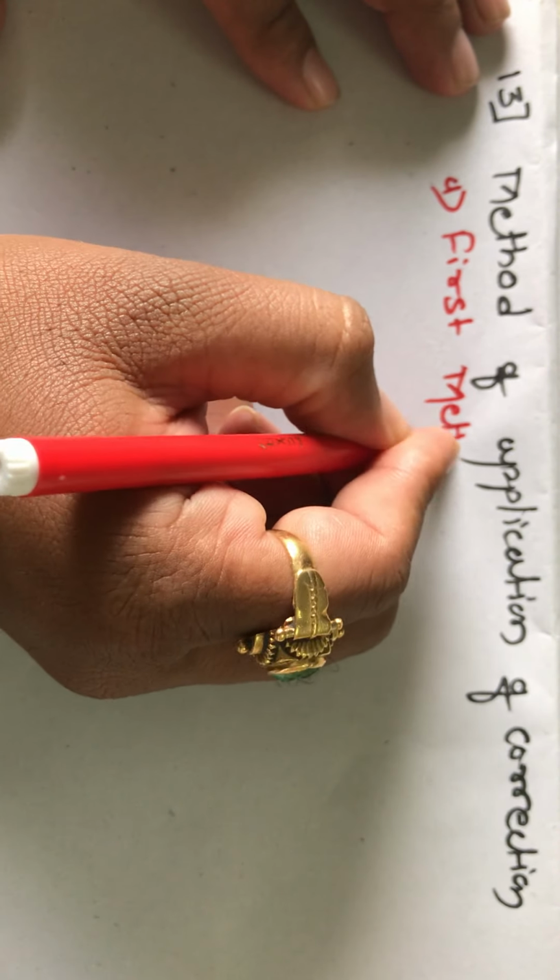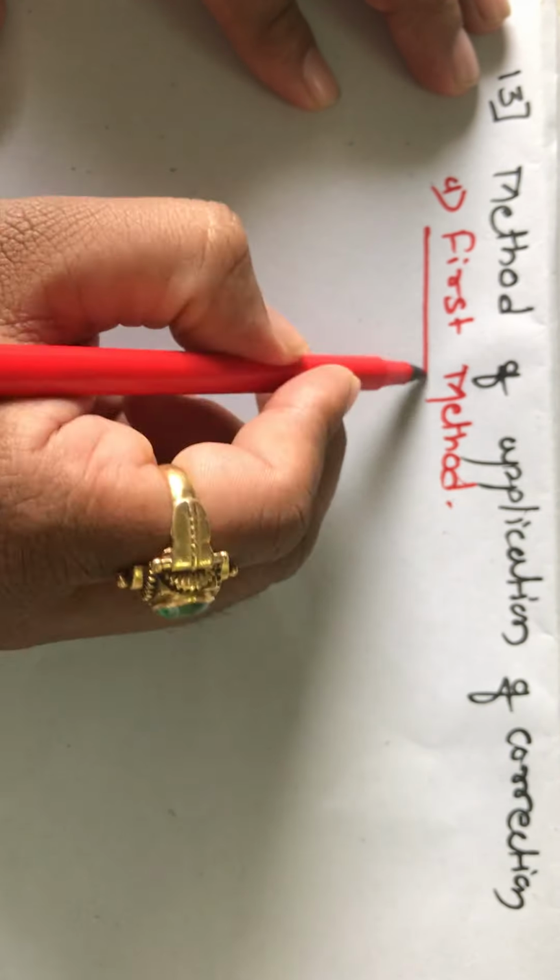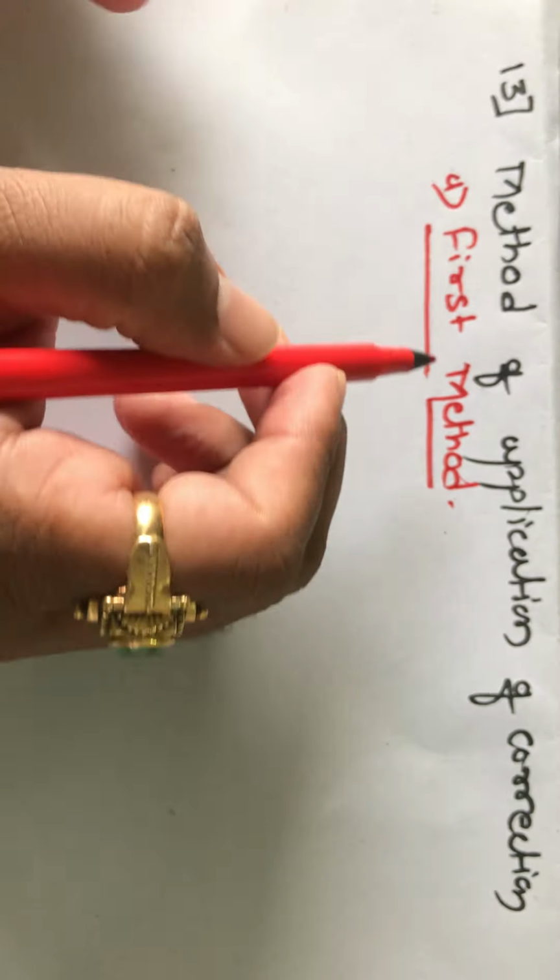First method. So what is the first method? We know it is traversing, compass traversing. Suppose we have a closed traverse, like this, correct?